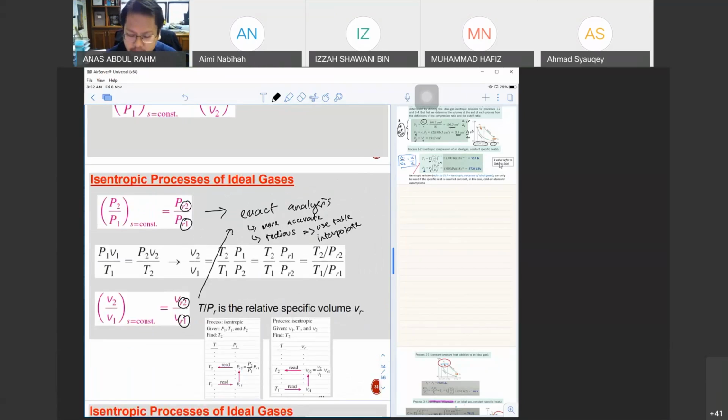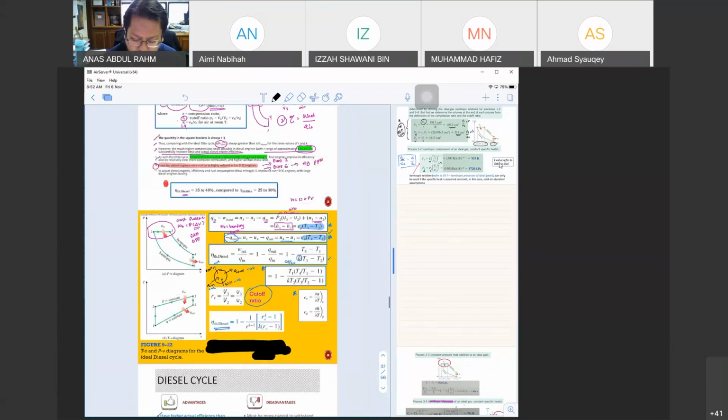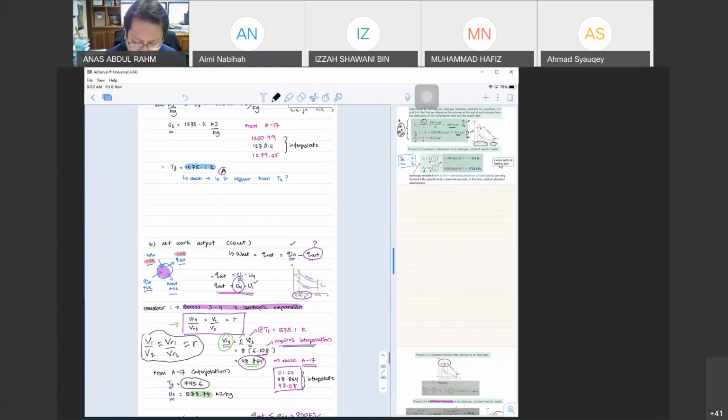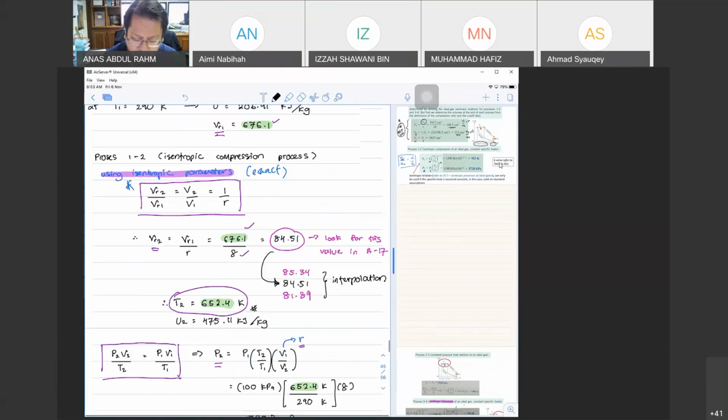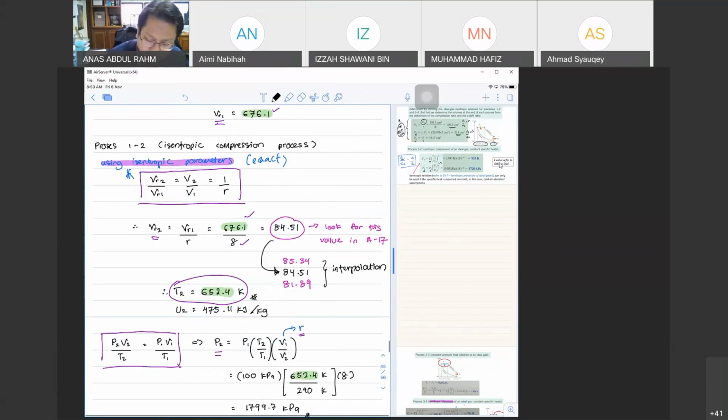Previously, if you remember, we looked at an example for the Otto cycle. Previously in the class, we did one example. For this particular problem, I utilized the exact analysis.